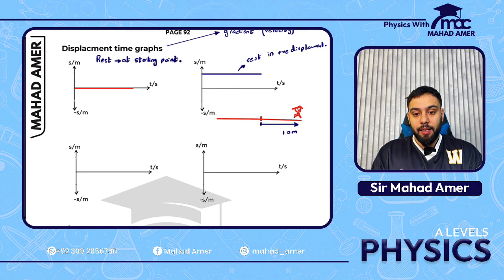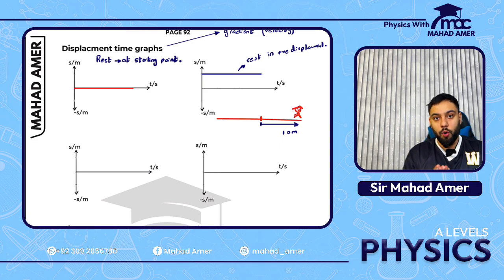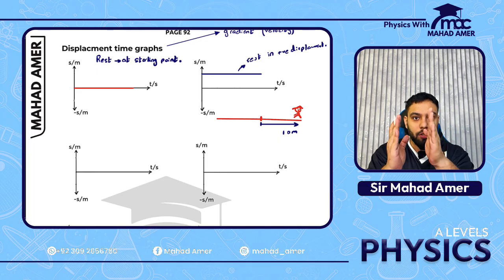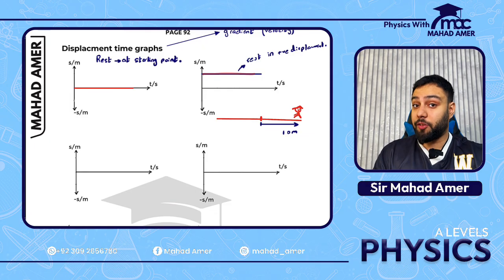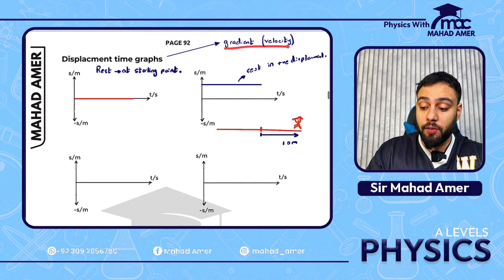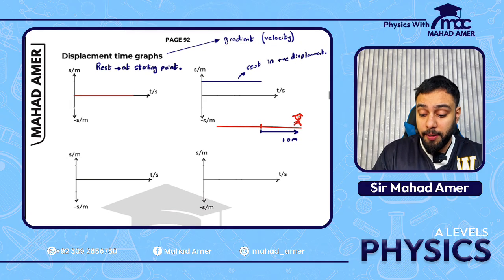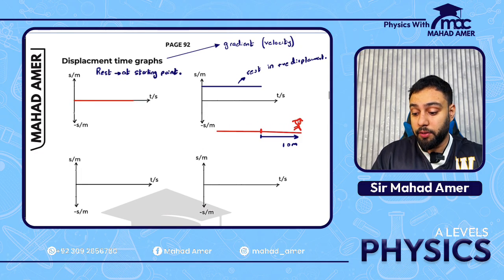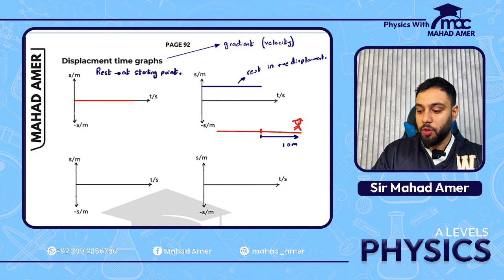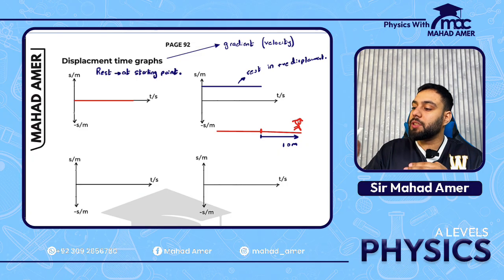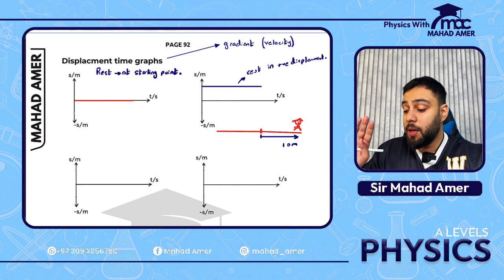For example, let's say this is me, you guys are there, this is my original position. If I go over here, then I'm displaced on the positive side. That's positive displacement. Still I'm at rest. I'm not moving. The gradient of the displacement time graph gives us velocity. Here the gradient is 0, velocity is 0. Here the gradient is 0, velocity is 0. But I'm at rest in a positive displacement. I'm not at my starting point. I'm somewhere positively displaced, standing there, not moving, but I'm there.